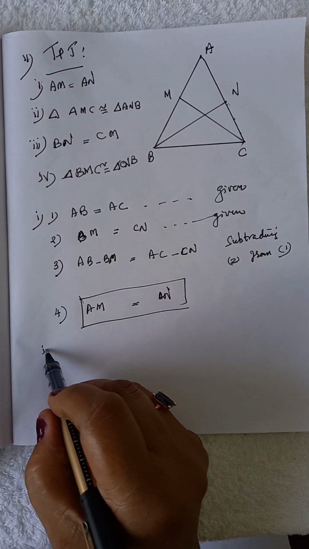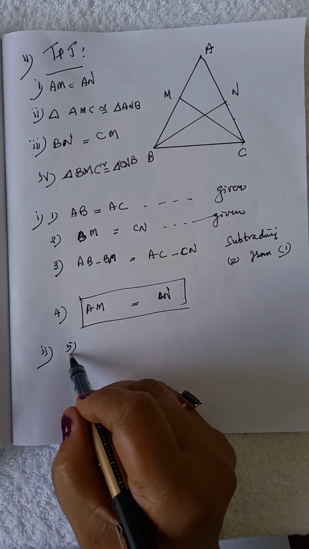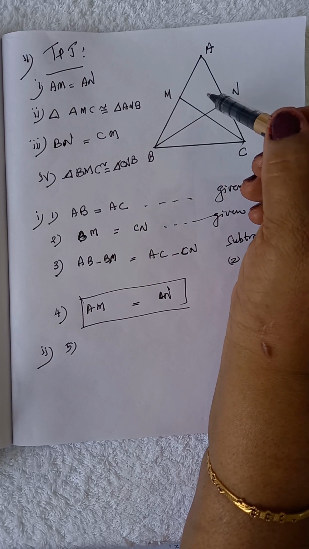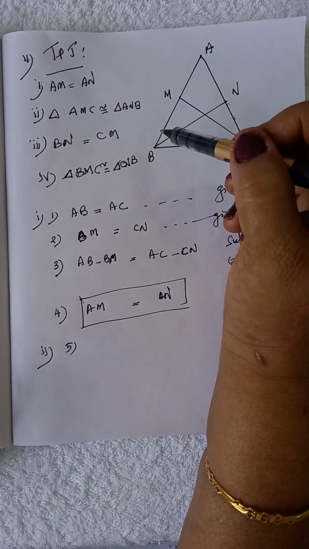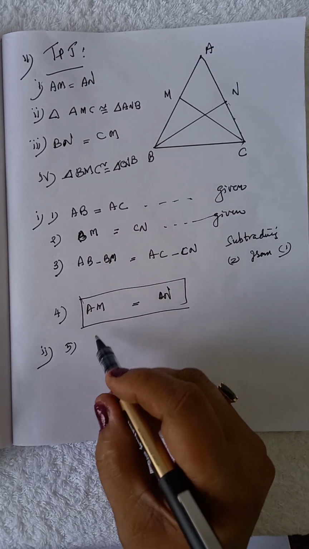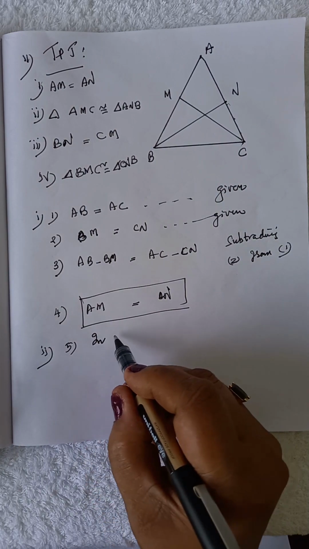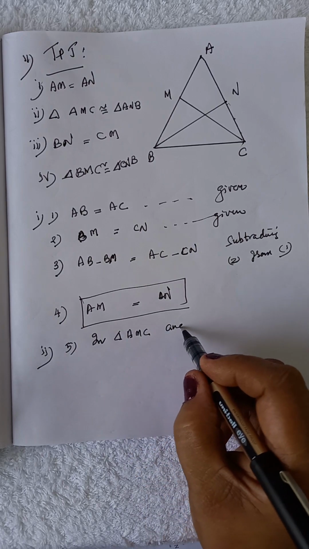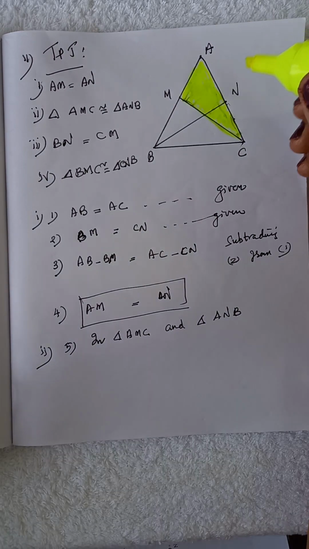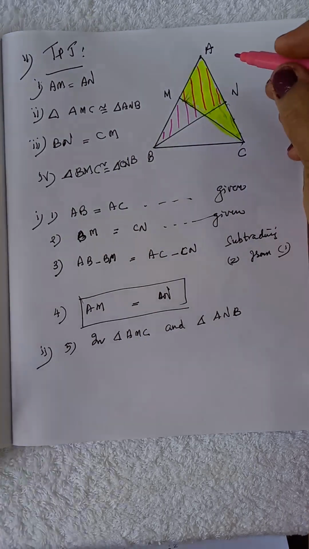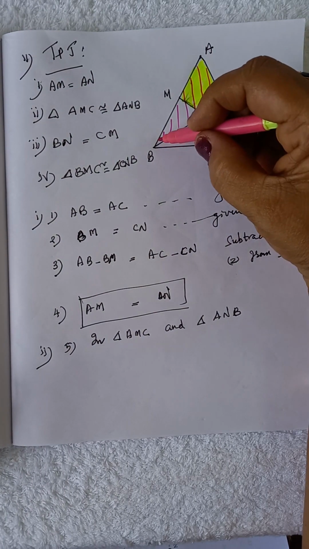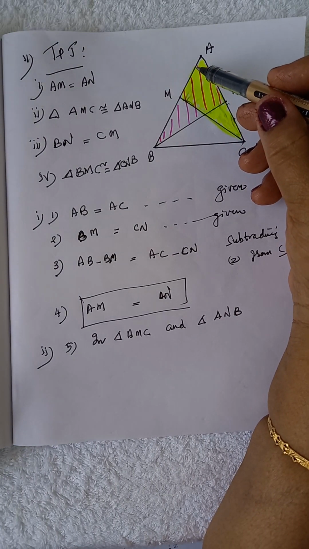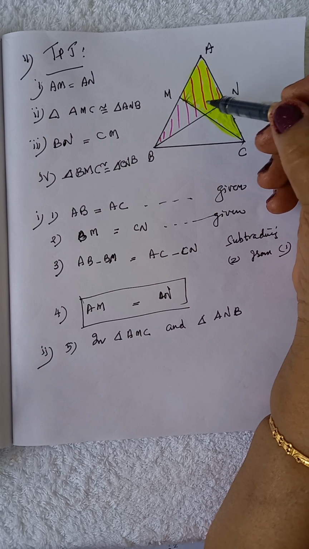Now the second. Fifth point, we have to prove that triangle AMC is congruent to triangle ANB. So let us take those two triangles. You can write in triangle AMC and triangle ANB. This is triangle AMC and this triangle is ANB. Here in these triangles we can see that AB is equal to AC, that is given.